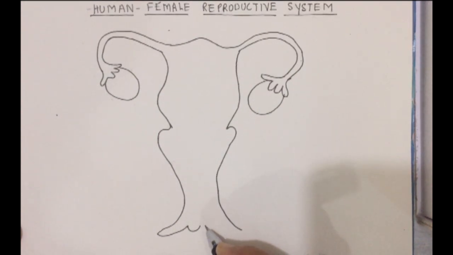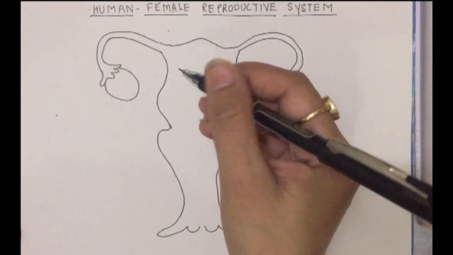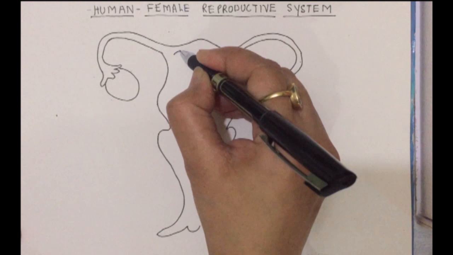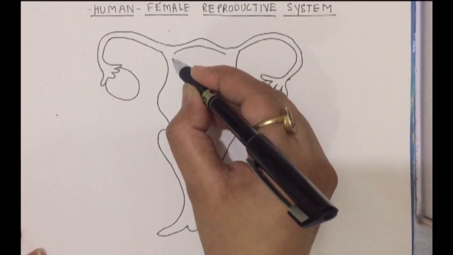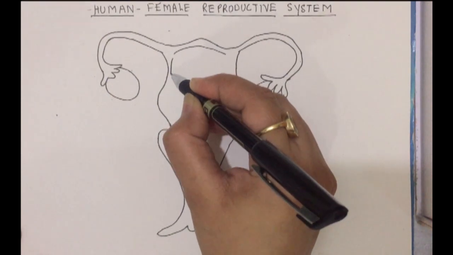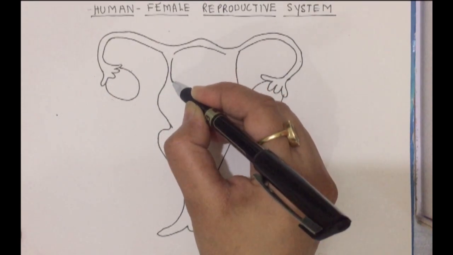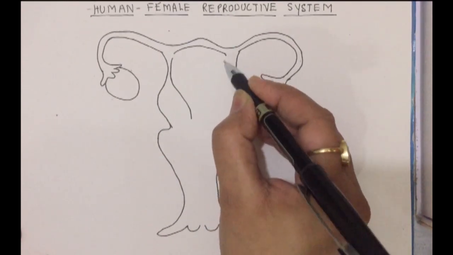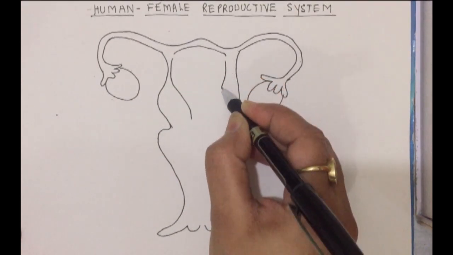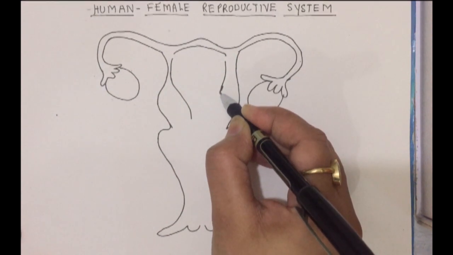Leave an opening here. You will automatically come to know why we have done this. While you are drawing the diagram, leave an opening here also. Now I'm going to explain all these to you.